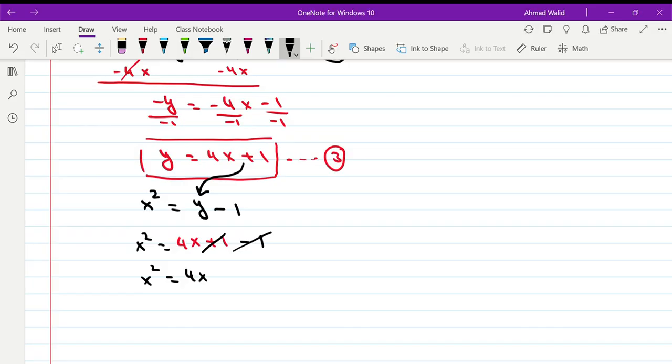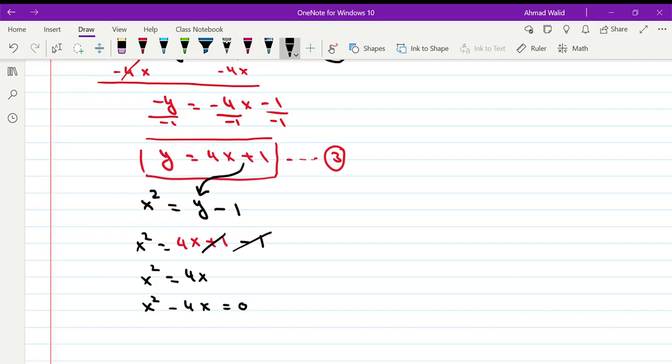There are easy ways to solve this one. Bring it to one side, correct? It means you will end up with x squared minus 4x equals 0, correct?